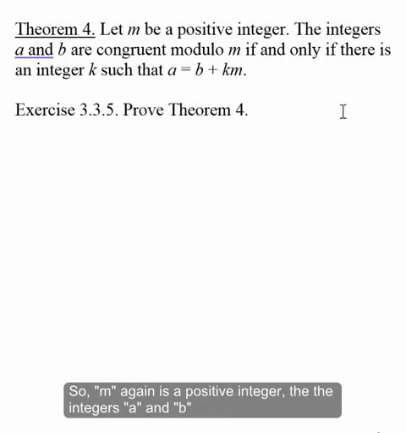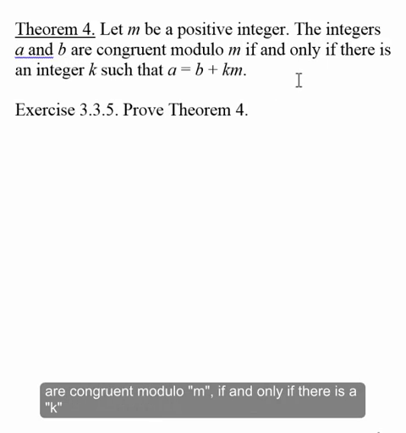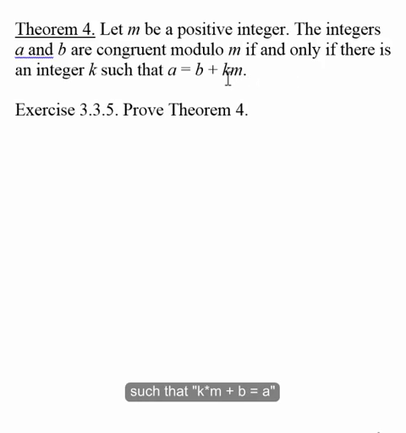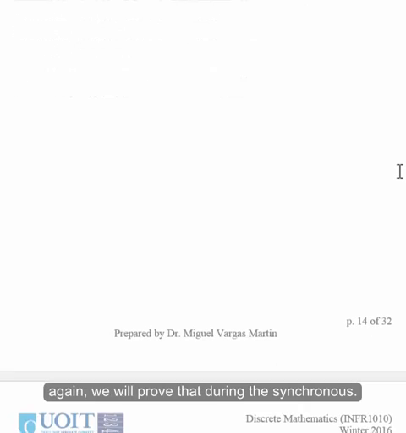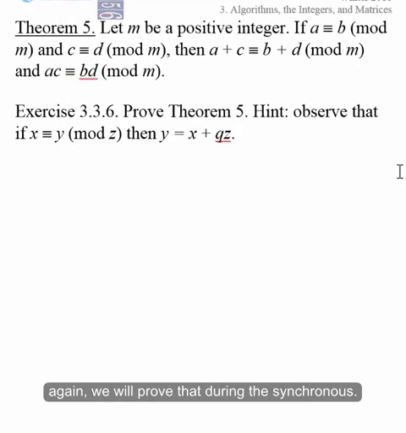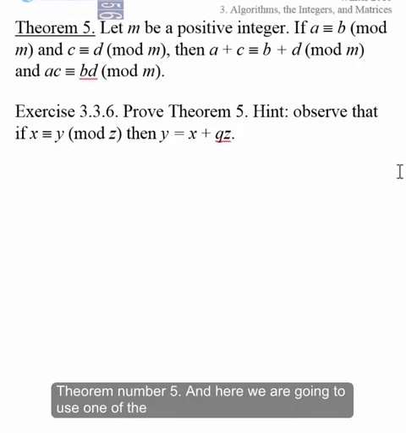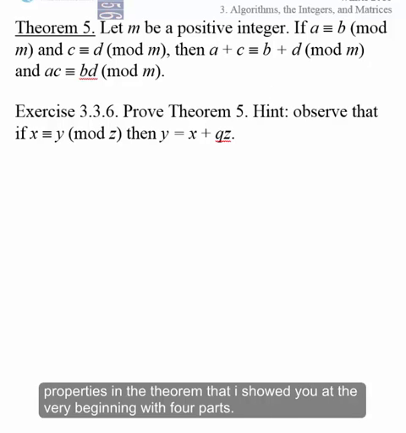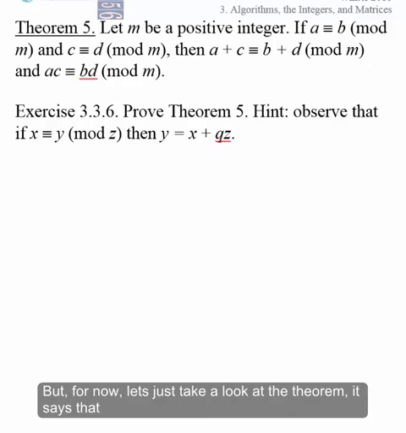Another theorem here. m, again, is a positive integer. The integers a and b are congruent modulo m if and only if there is a k such that k times m plus b is equal to a. Again, we'll prove that during the synchronous session. Theorem number 5. And here we're going to use one of the properties in the theorem that I showed you at the very beginning with 4 parts.